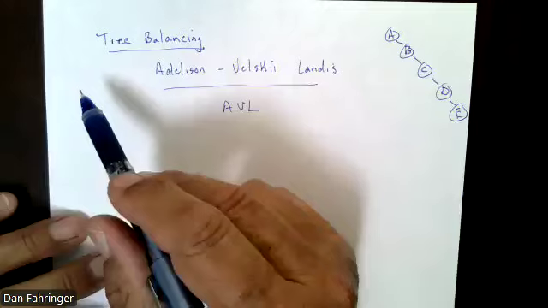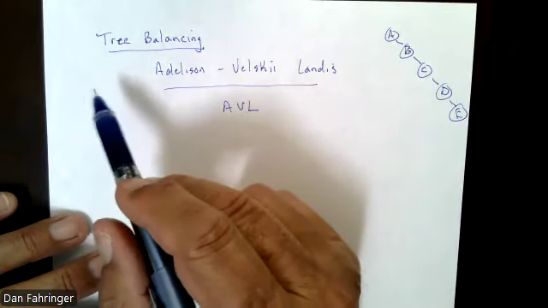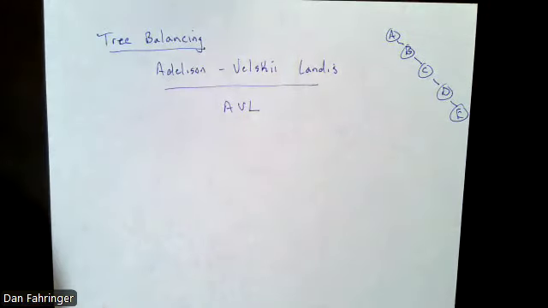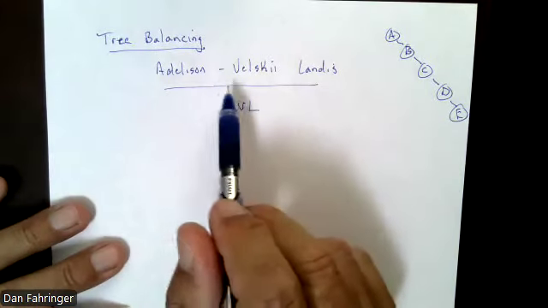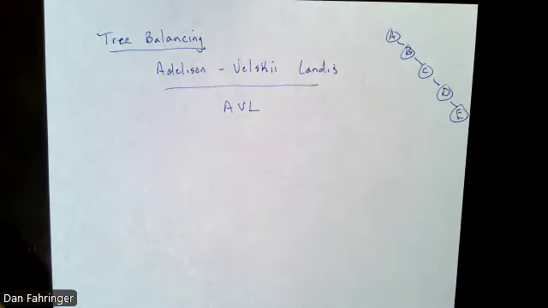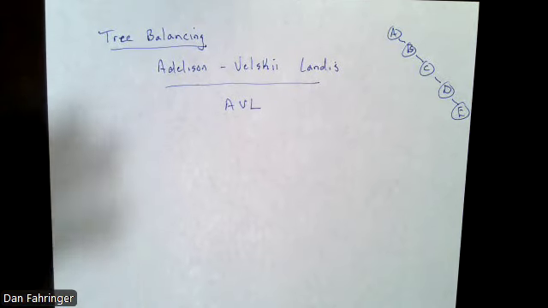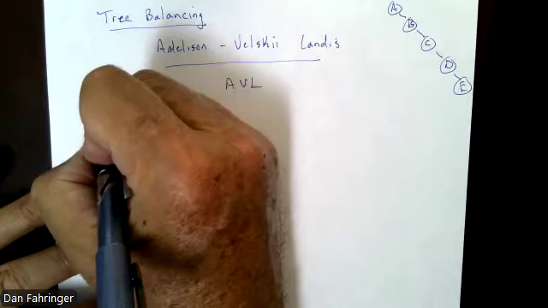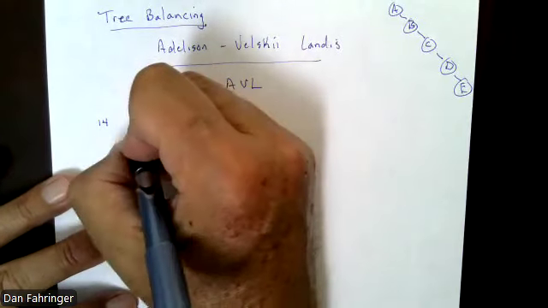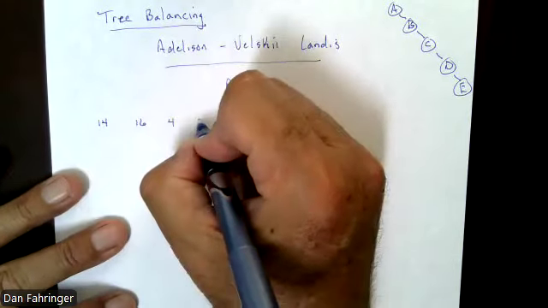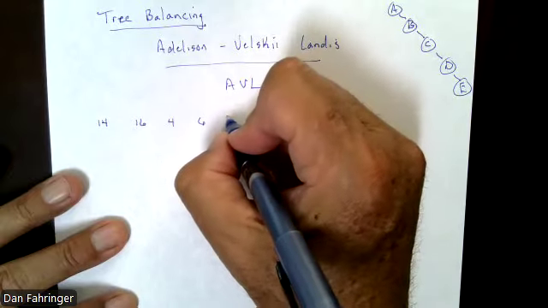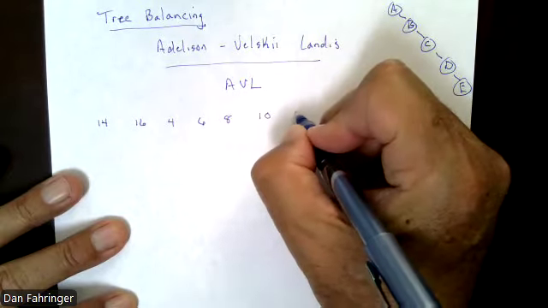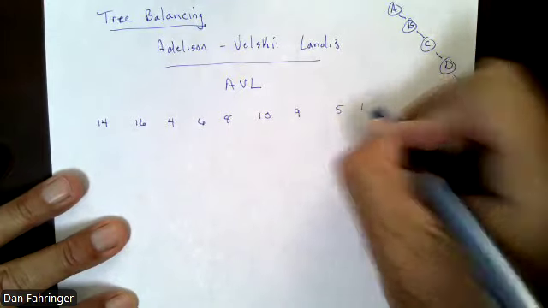What did Huffman do? We just talked about Huffman codes. Okay. What did Adelson-Velsky do? Tree balancing. All right. So I'm going to give you some numbers: 14, 16, 4, 6, 8, 10, 9, 5, and 1.